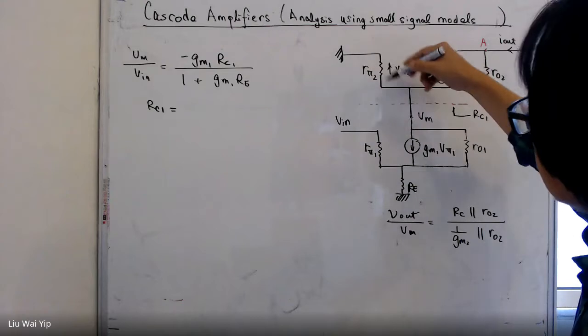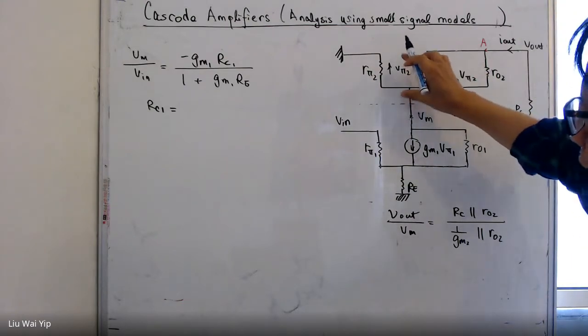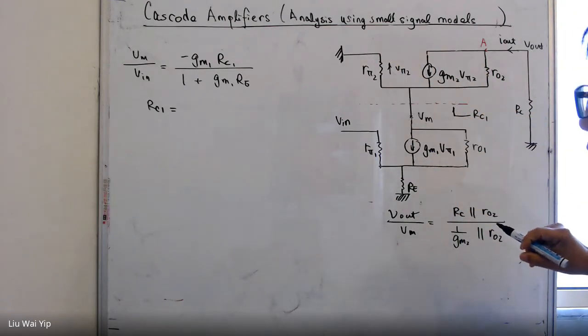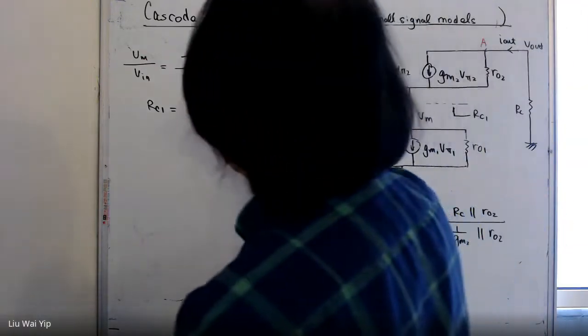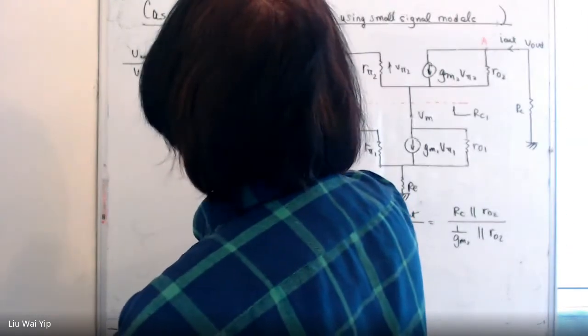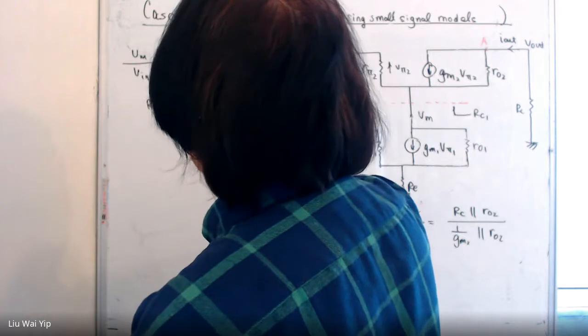If you convert this one into a T model, then you will have 1 over Gm2.